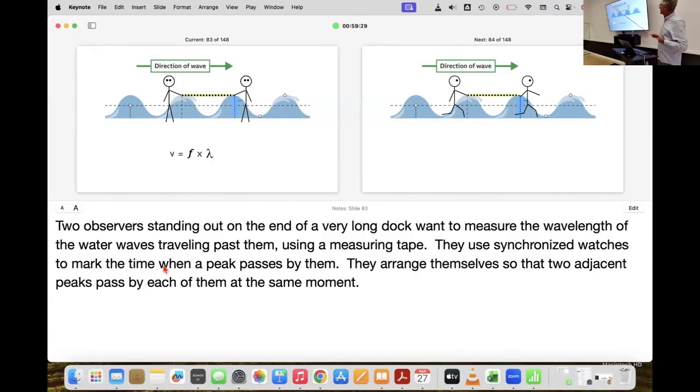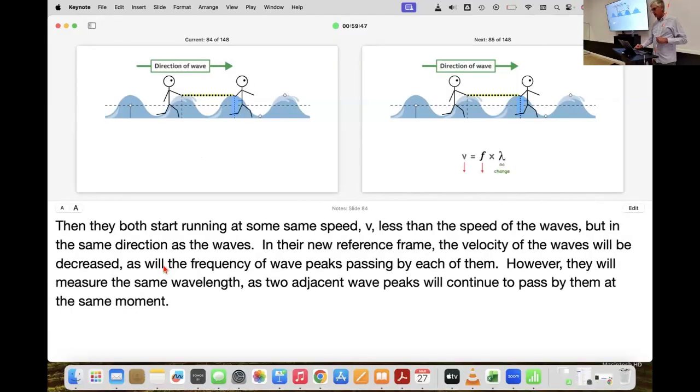And they would find that the wavelength is a certain length, and they could measure the frequency and the velocity, and this equation would work. And now they start running towards the beach end of the dock. They're not necessarily running as fast as the waves, but they're running.